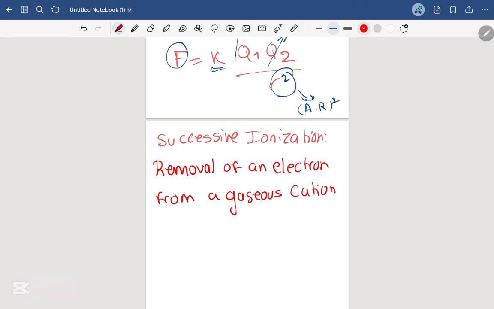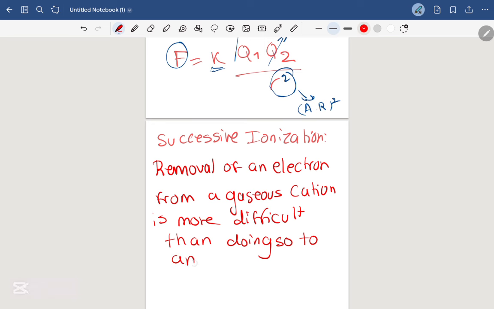This is the secondary ionization, and removing an electron from a gaseous cation is more difficult than doing so to an atom.